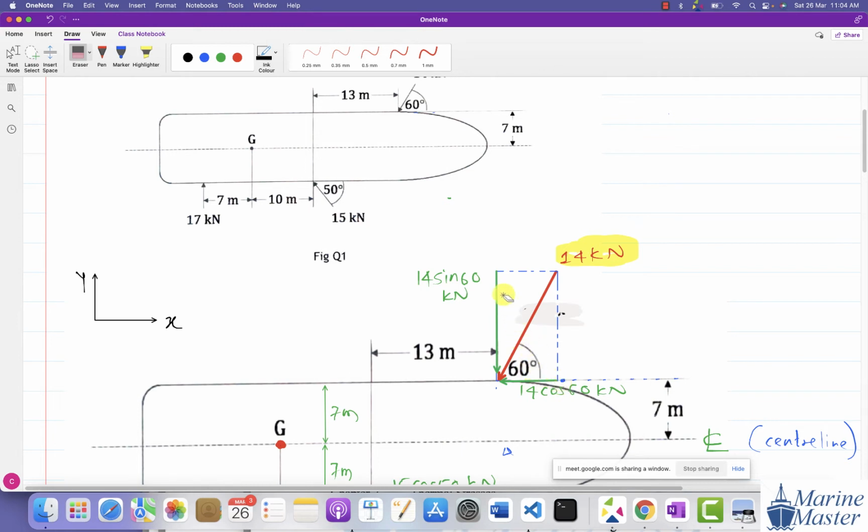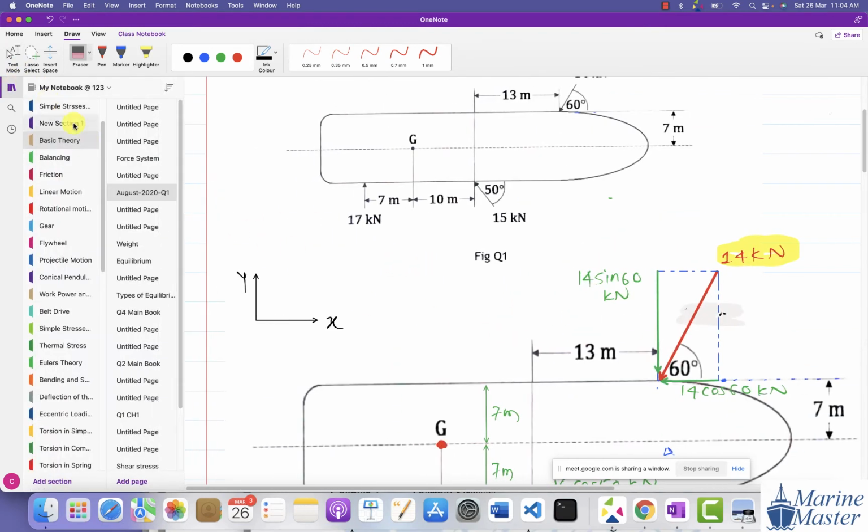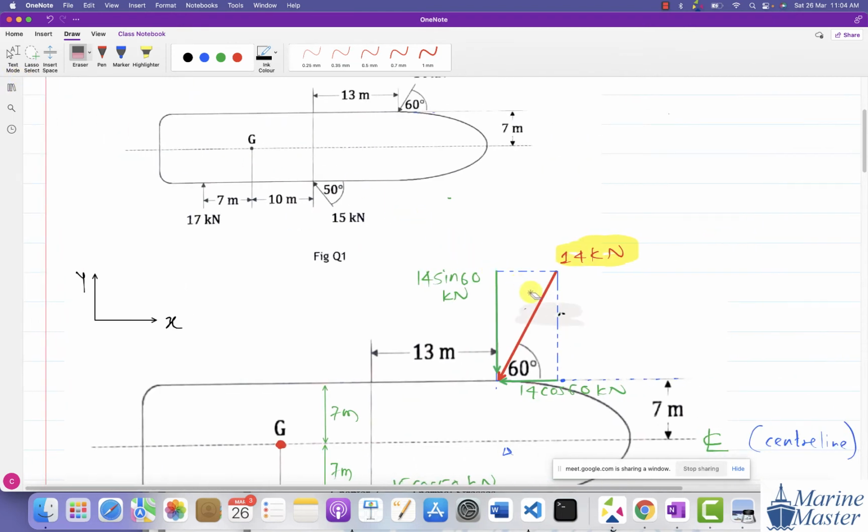Here we have shown the components using the second way of representation. Remember one point: whenever the force goes inward, its components also go inward. So here we have shown two components of 14 kilonewton.